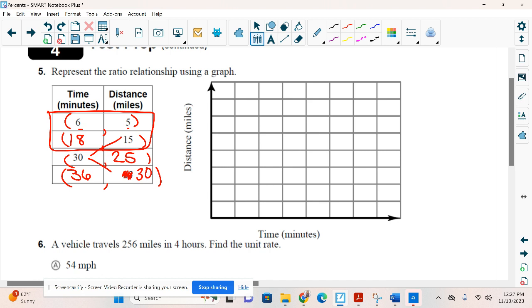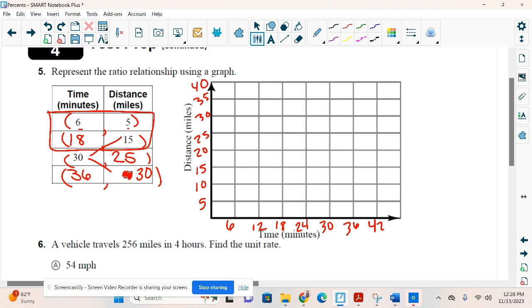Whatever it starts with, that's what you're going to skip count by. 6, 12, 18, 24, 30, 36, 42. So your distance, you're going to skip count by what? 5. So 5, 10, 15, 20, 25, 30, 35, 40.